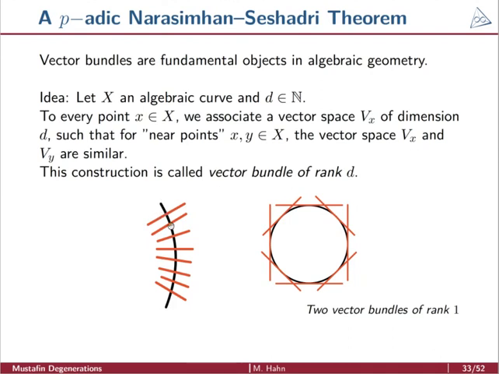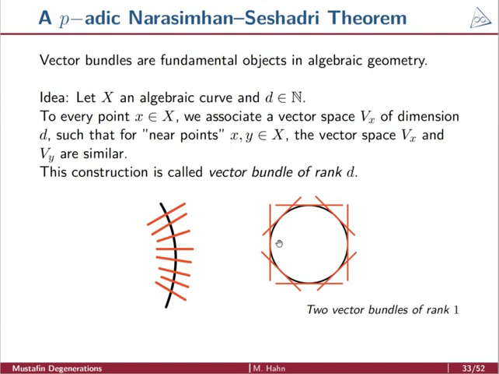So this black thing is supposed to be the algebraic curve, the same here. And here we have a vector bundle of rank 1 on these curves, respectively. We simply associate a line to every point on the curve. If we look at these pictures, if we move along these curves, then we see that this line in some sense moves also with this curve.